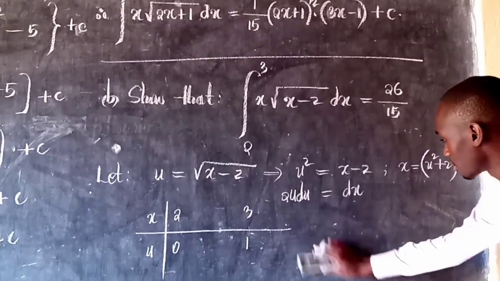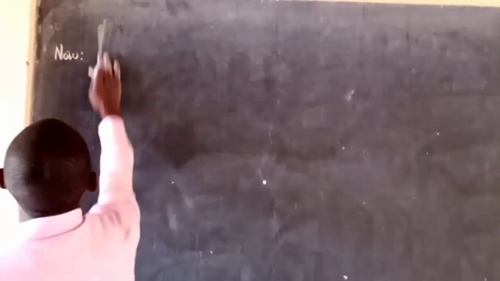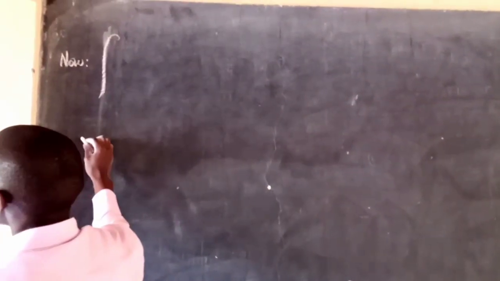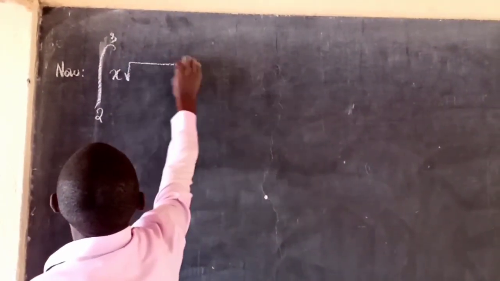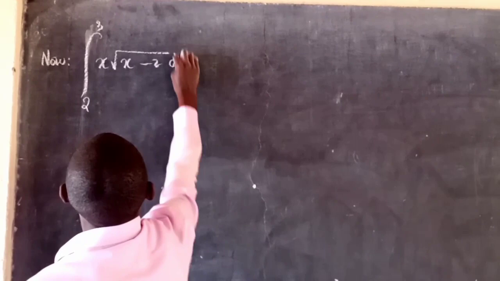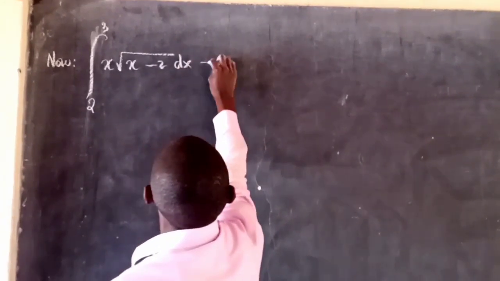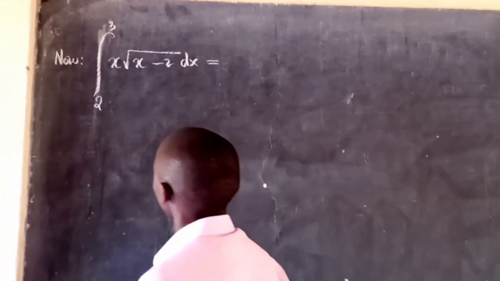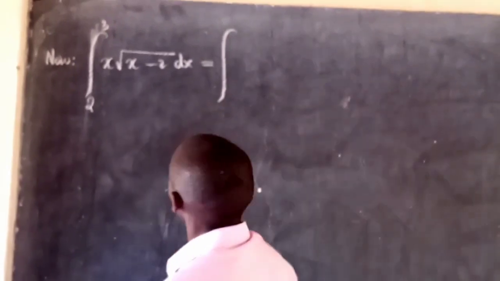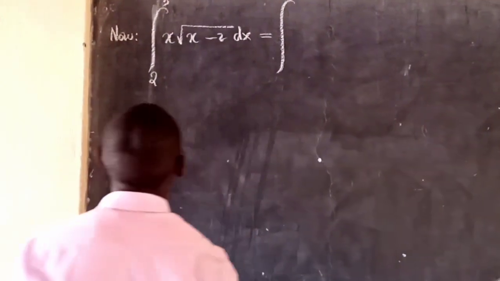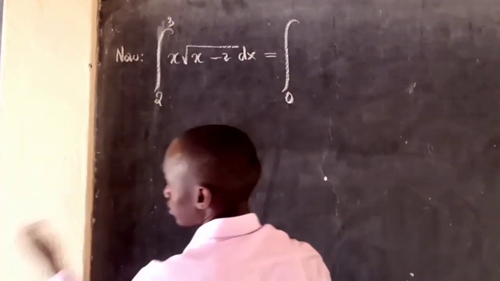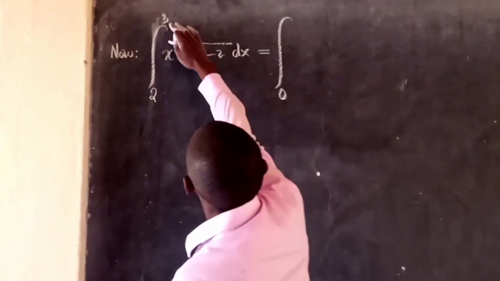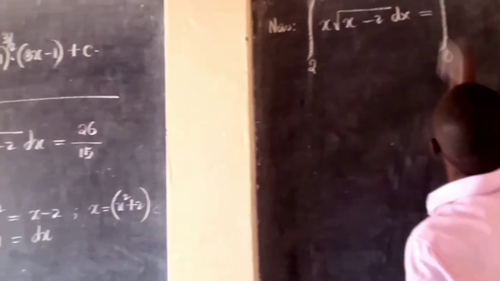So our integral becomes, now, the integral from 2 to 3 of x times the square root of x minus 2 dx becomes the integral. Remember, we are changing the variable now, so the limits must change. Our 2 has become 0, recall from our table. Our 3 has become a 1.